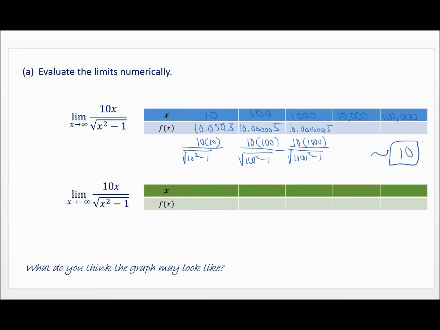Now the other way, same idea, except we're going to, notice, negative infinity. So I need to plug in numbers approaching negative infinity. So first try is plug in negative 10, and then maybe negative 100, negative 1,000, negative 10,000. I have a feeling it's going to work similar to the other one, negative 100,000.